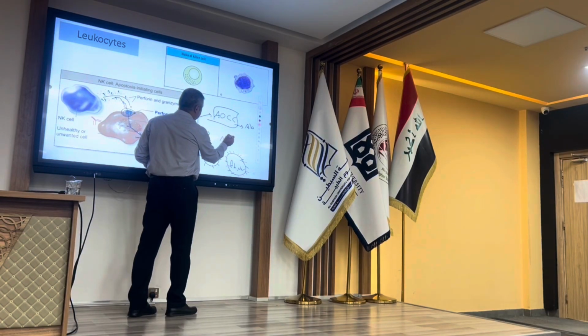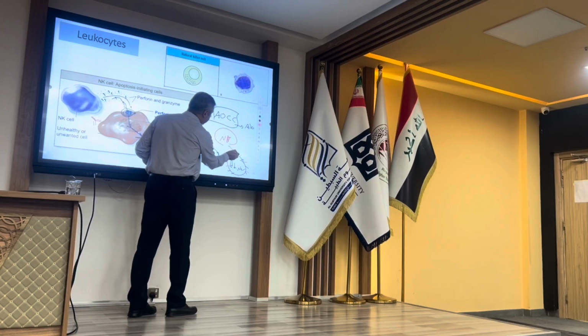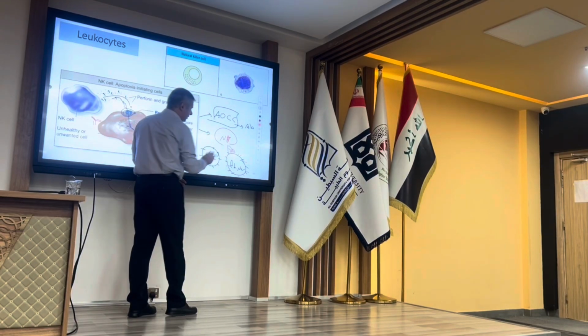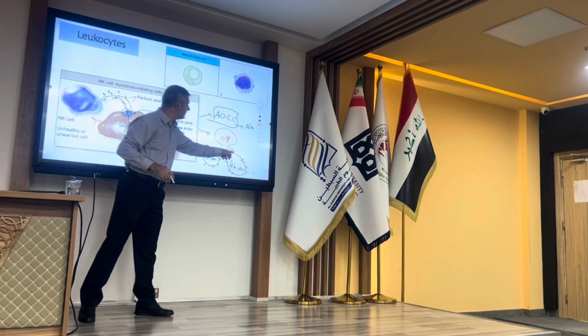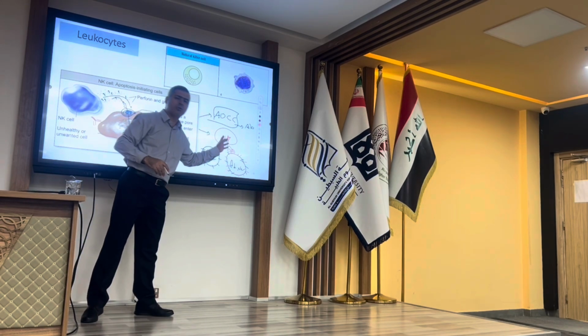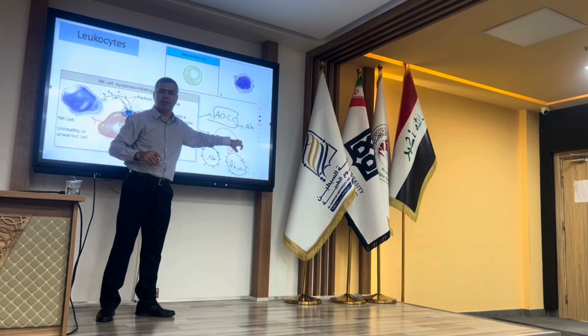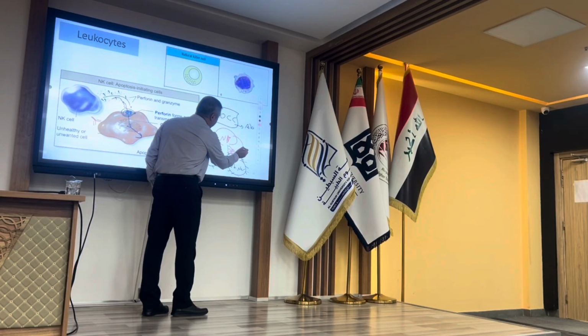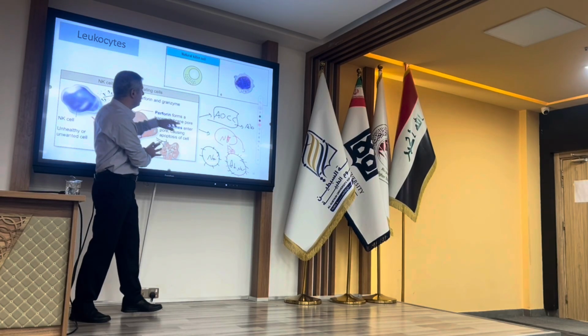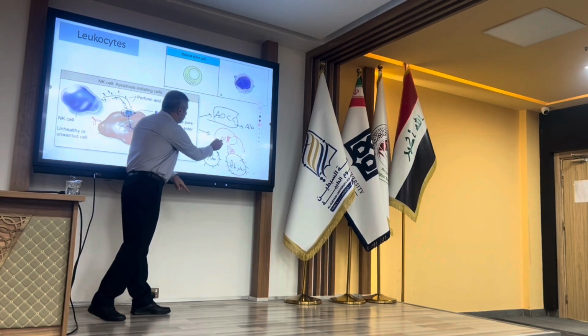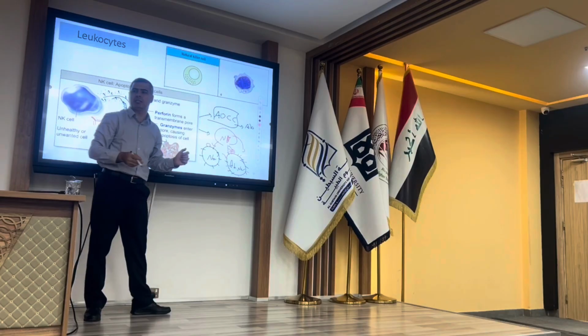And NK cell can recognize these abnormal antigens. So when NK cell sees these abnormal antigens, it will understand that this cell is abnormal and then become activated and release the content of its granules on the abnormal cell, but not on the normal cell, because on the surface of normal cell there is no abnormal antigen.